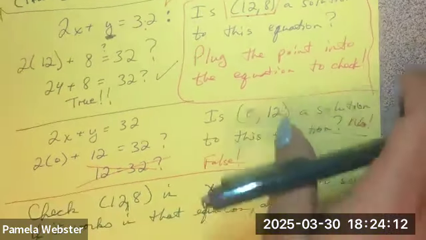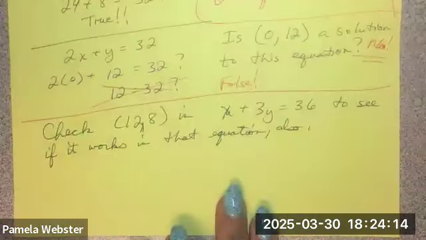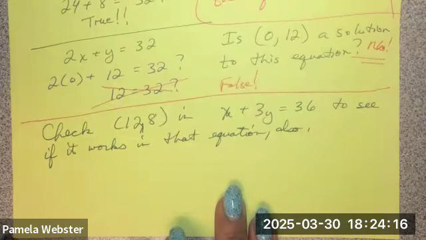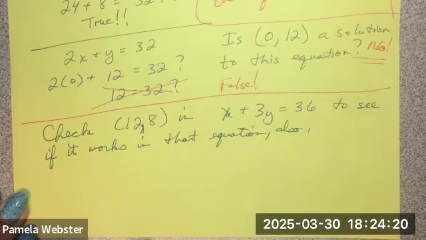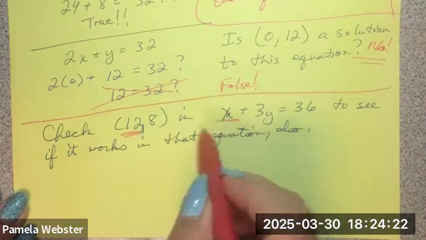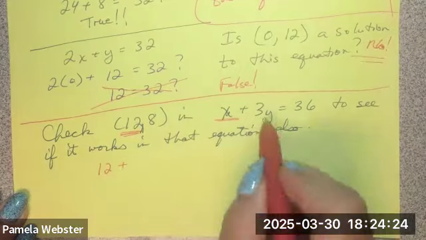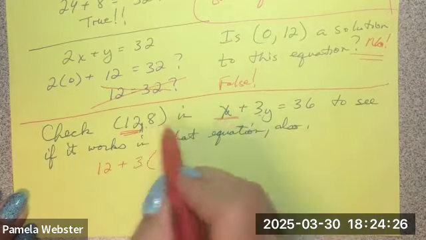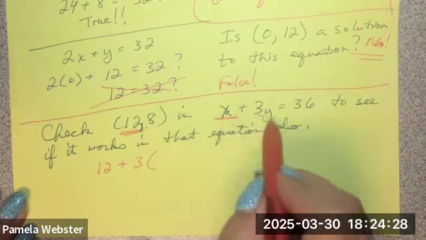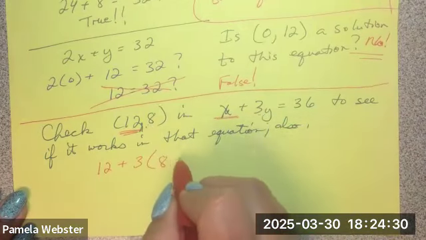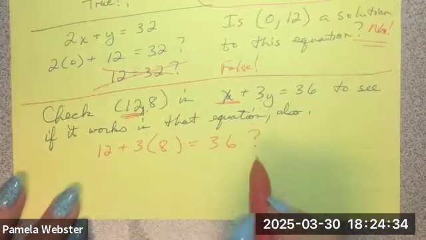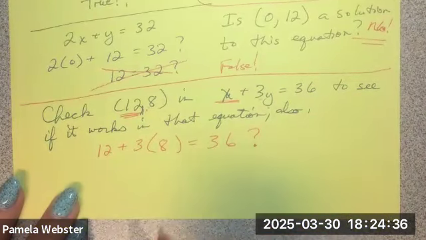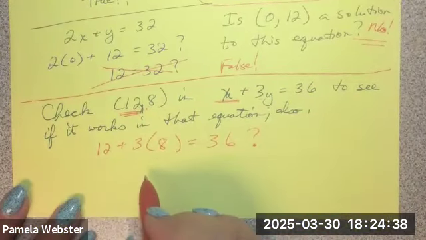We got to check it. We don't know. So (12, 8), we're going to stick it into this equation. What are we saying? 12 for the x, 12 plus 3 times... what are we putting in for the y? 8, right? Equals 36. And we put a question mark there because we do not know if it does or not. We are checking and we will find out.